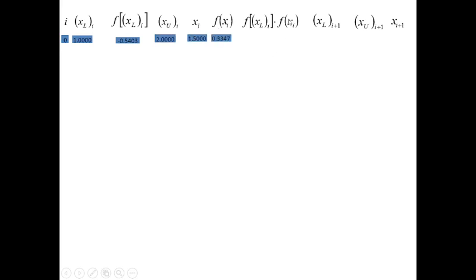And then, you multiply f of x sub l at the ith iteration times f of x at the ith iteration. So, itong negative 0.5403 multiplied by 0.3347, you will get negative 0.1808543. Merong rule dyan. Ano yung rule pagka negative?